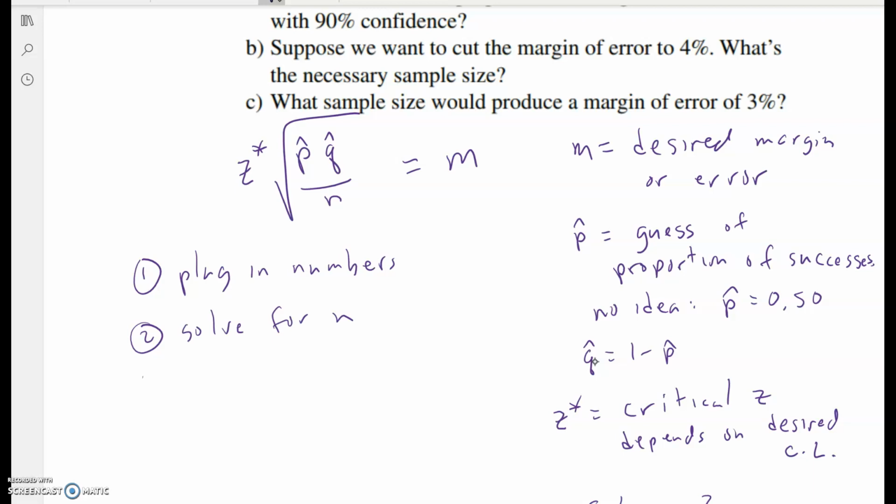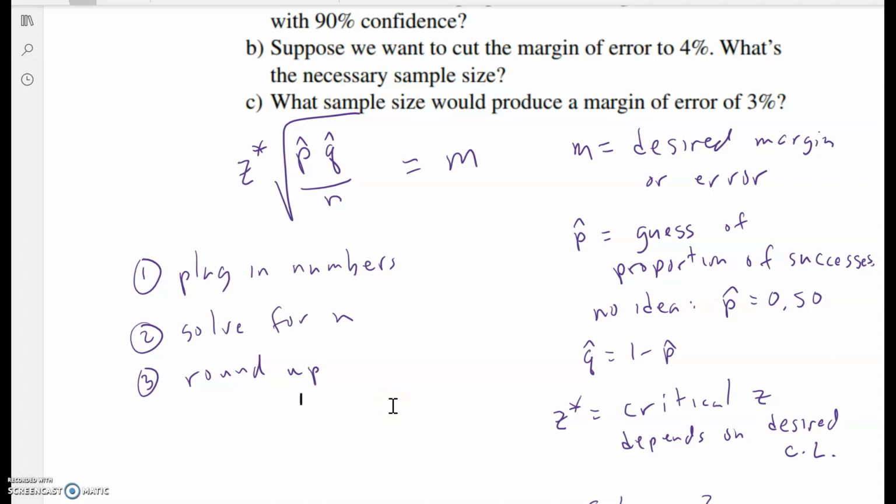And then step 3 is you round up, because usually the answer is a fraction, but you can't have 7.5 people in your sample. It has to be a whole number. And you always want to round up, because if you round down, then your margin of error won't quite be small enough. So you always round up.